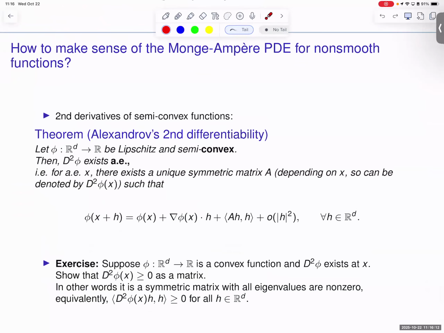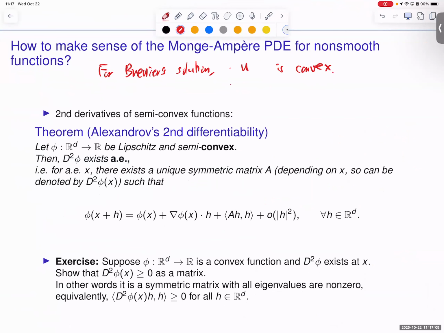So our function u is convex. Another thing is that with the source and target domains compact, u is Lipschitz, so gradient u is bounded.